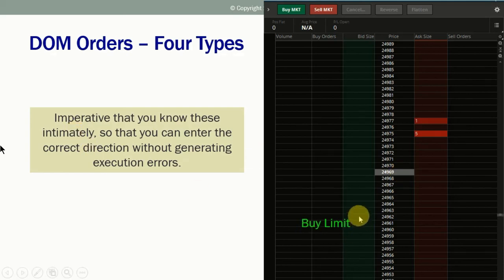So let's start with the buy side. We want to go long. The buy limit is always going to be below the current price. A buy stop is going to be above the current price. Now, when would you use which? A buy limit is going to be used if you're taking a pullback entry, or if you just want to get in at that specific price.